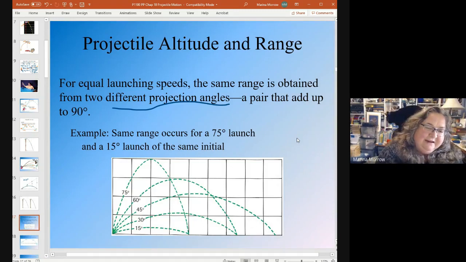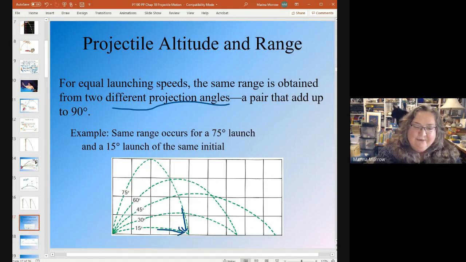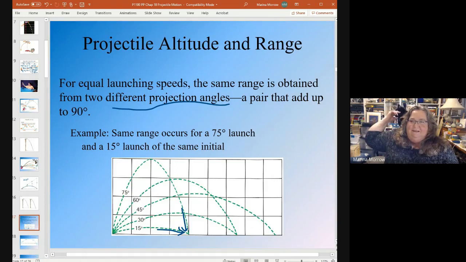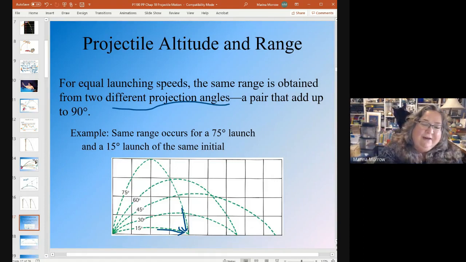And so the cannonball from 75 and from 15 will hit at the same point. And then you would get the same range if you had 60 degrees and 30. And those will hit at the same point, but a little further along. And the greatest range is given by 45 degrees.